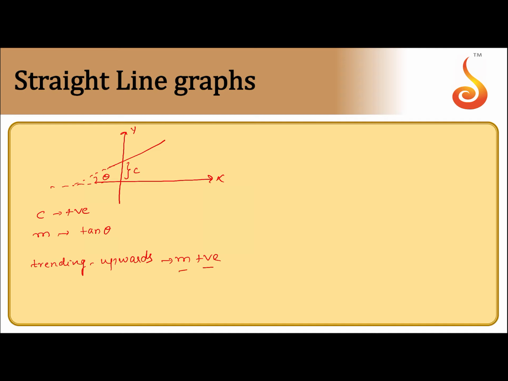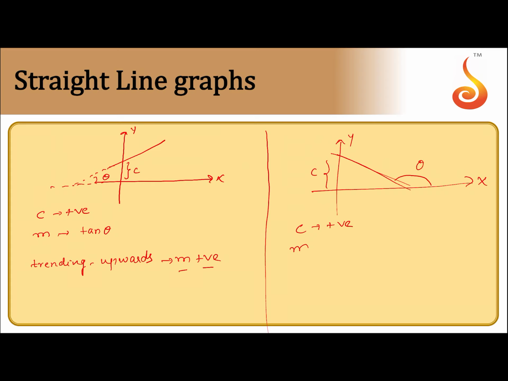Let us consider one more case. This is y and here is your x and this is another straight line. Now, if you observe carefully, the y intercept is positive. What about m? Look at this, this is the angle theta, and m, which is given by tan theta, is negative.